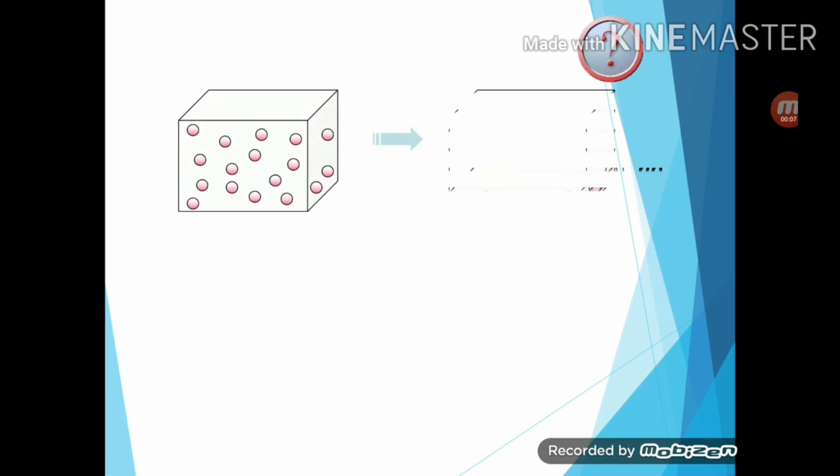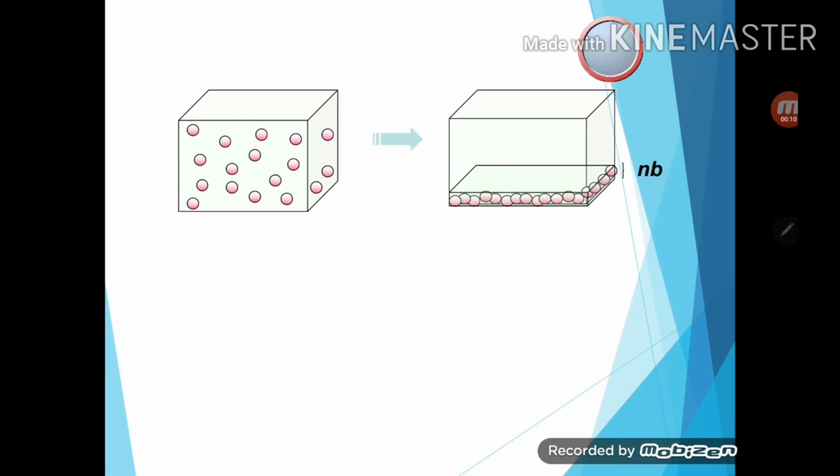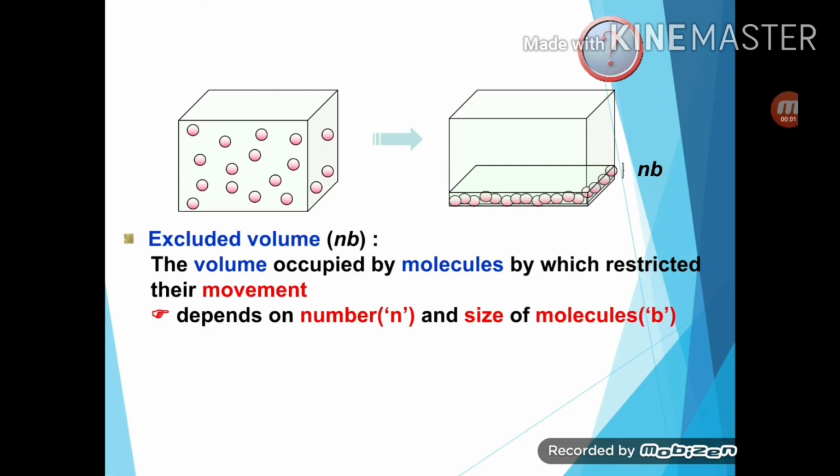Okay, how about the volume of real gas? You can see from this diagram that the size of volume for gas molecules is equal to nb. Excluded volume, which is referred to as nb. Excluded volume is a volume occupied by molecules whose movement is restricted in that area.